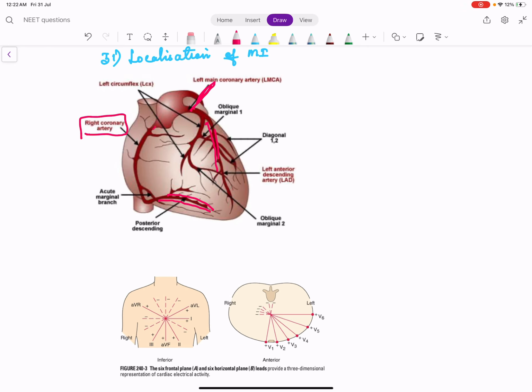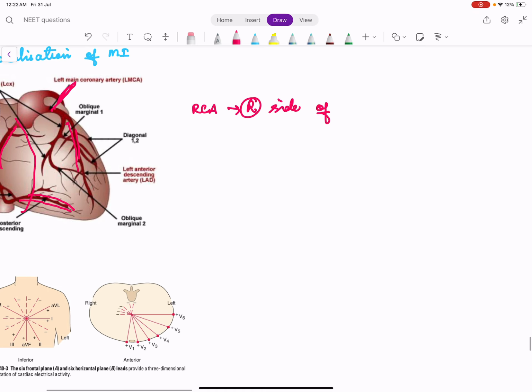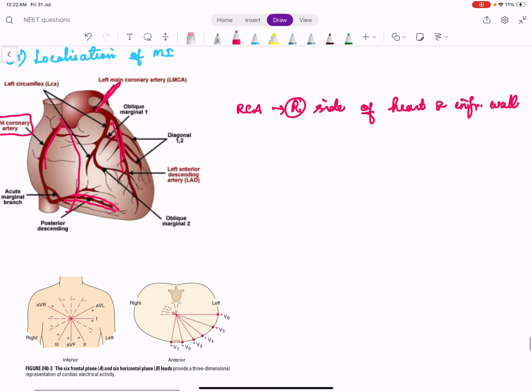So you can very well see what the right coronary artery supplies. Right coronary artery supplies the right side of the heart, as well as the inferior wall. What does the left anterior descending artery supply?